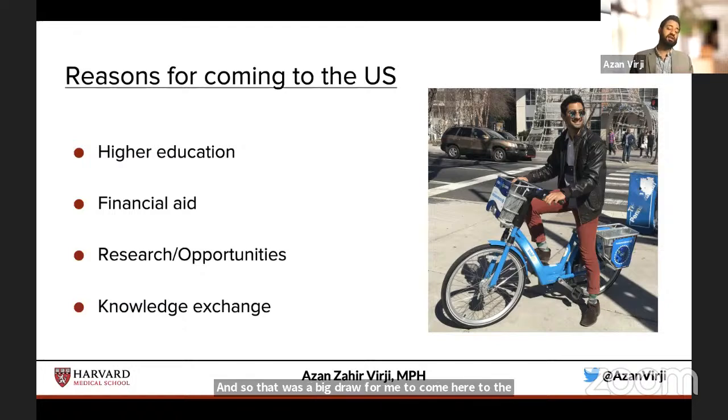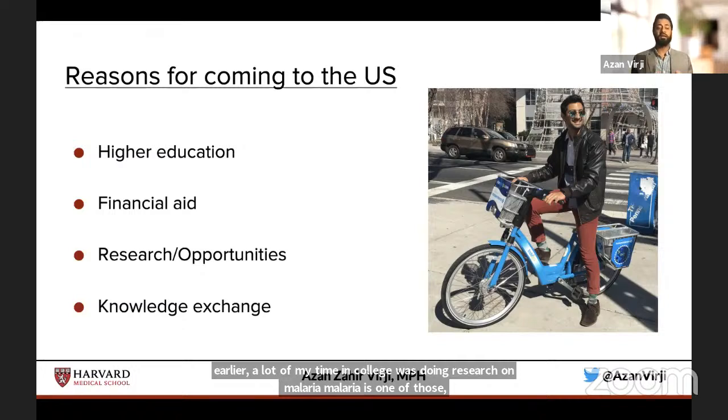The third reason is research and opportunities as well. As I mentioned earlier, a lot of my time in college was doing research on malaria. Now, malaria is one of those predominant diseases in Tanzania that a lot of individuals get. And from a very young age, I really wanted to understand the disease a little more, to be at the forefront of developing therapeutics or diagnostics for this disease, something that was really close to home.